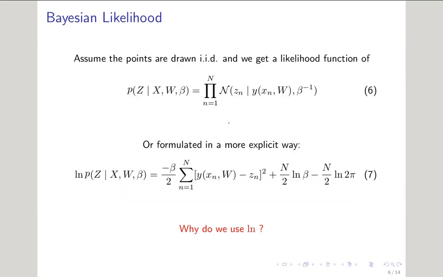Well, assuming that our data points are drawn independently and identically distributed, we can write out the likelihood function as we see in equation 6. Or, if we apply the negative logarithm to our function, or in this case, just the logarithm to our function, we can write it in this form.